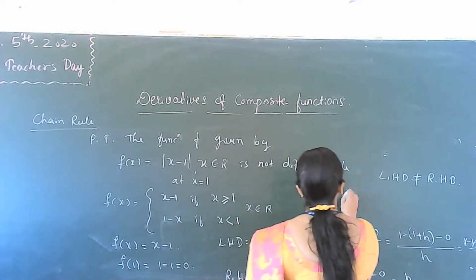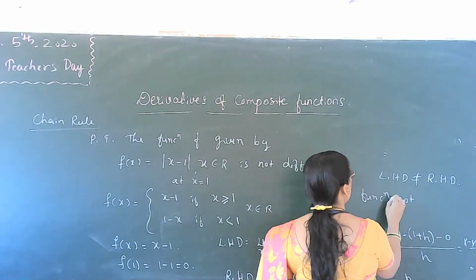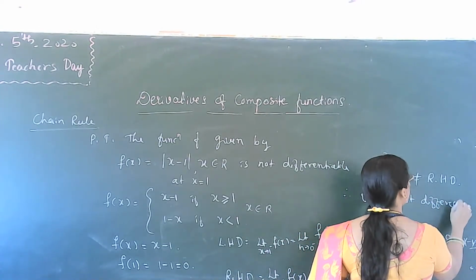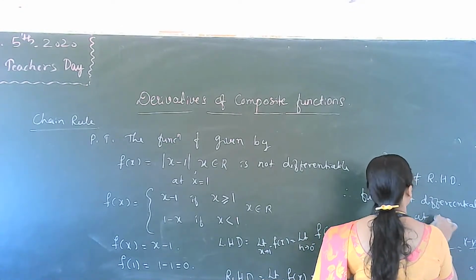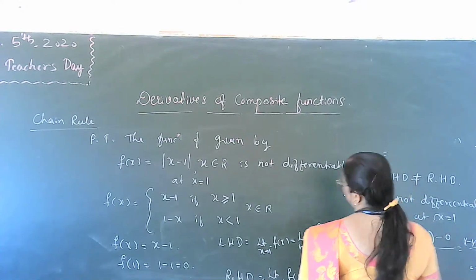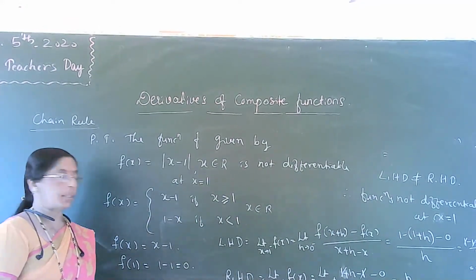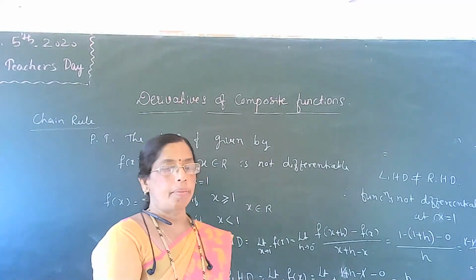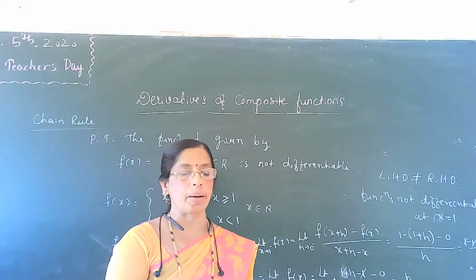Therefore the function is not differentiable at x equal to 1. Here find the derivative of the function at the LHS side and RHS side, and if they are equal, then only the function is differentiable.